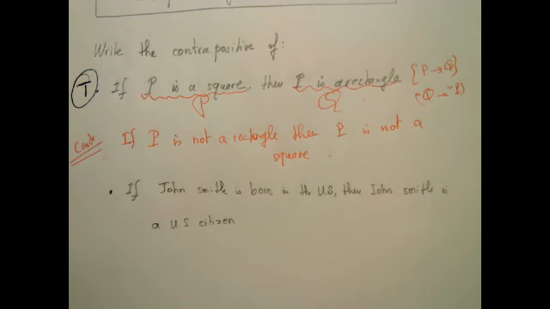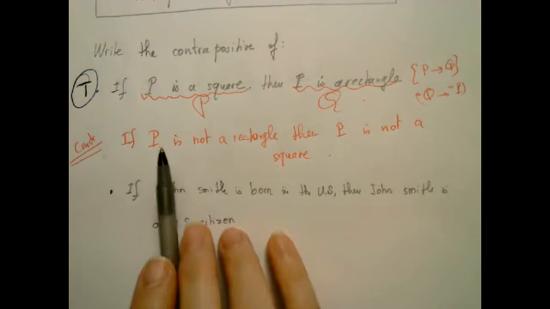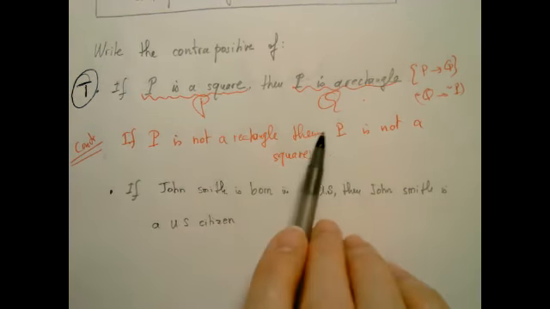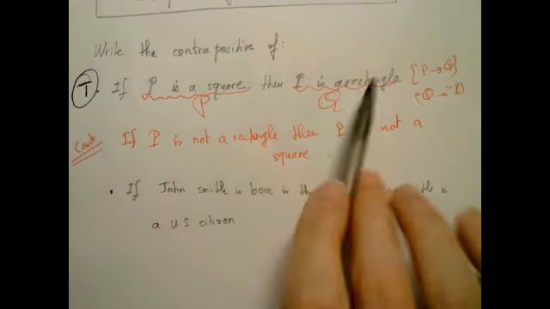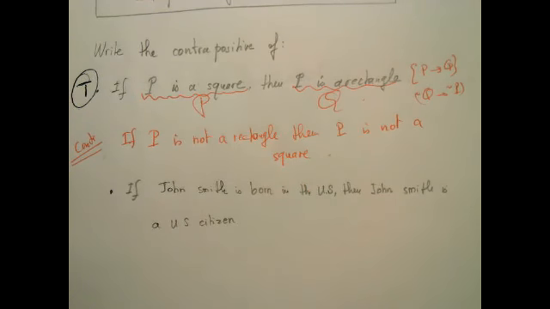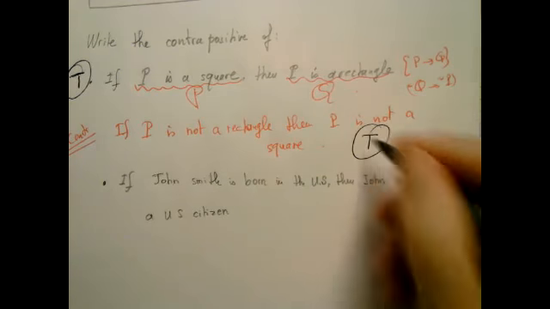Is this a true statement or a false statement? You can either unmute and talk or write down. What do you think? It is absolutely true, because if it's not a rectangle, it's not a square, because if it were a square, it would have been a rectangle. So it's definitely a true statement.